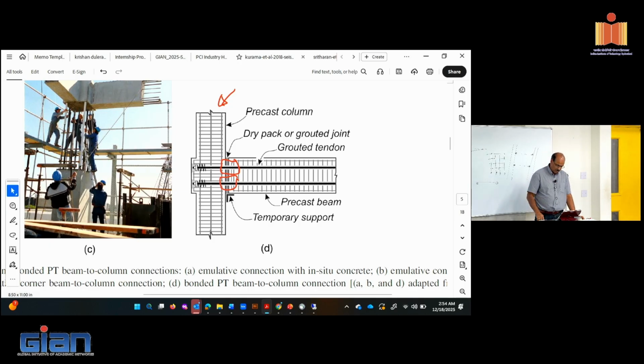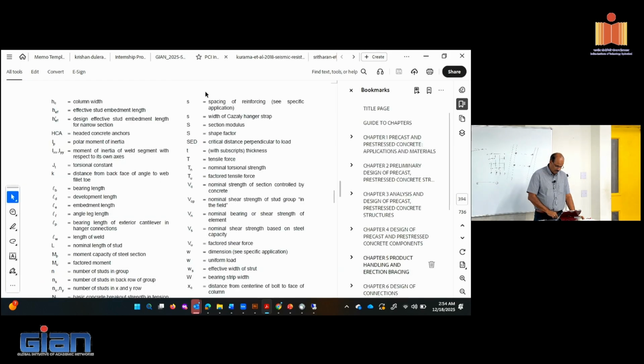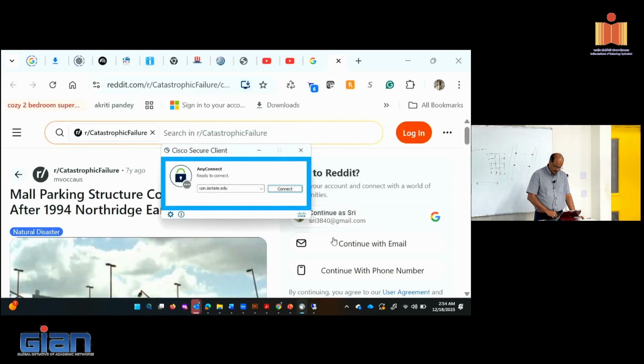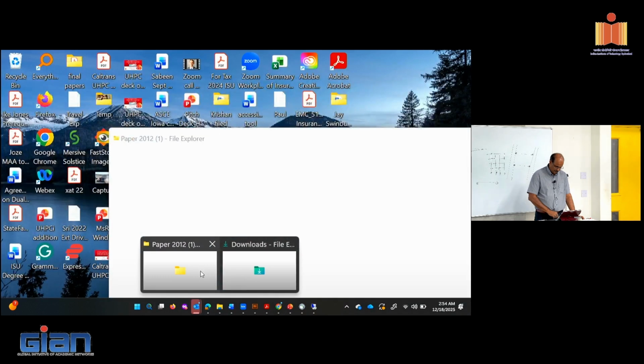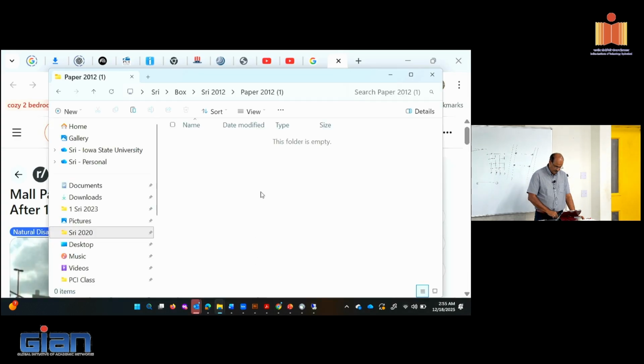So I'll show you some of the damage to the structures. Let me see where the file is. I thought I had it.